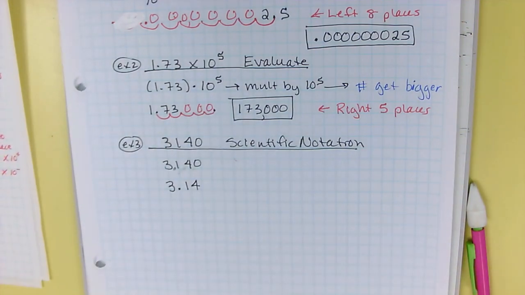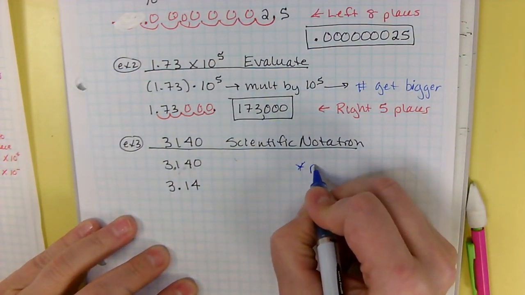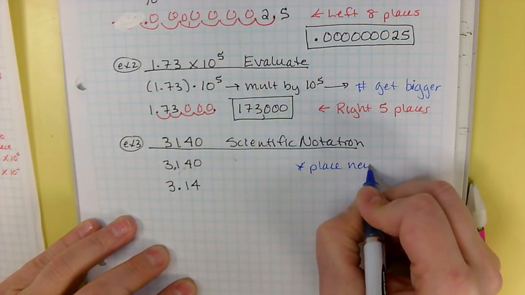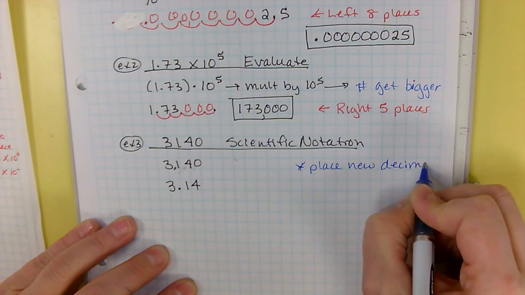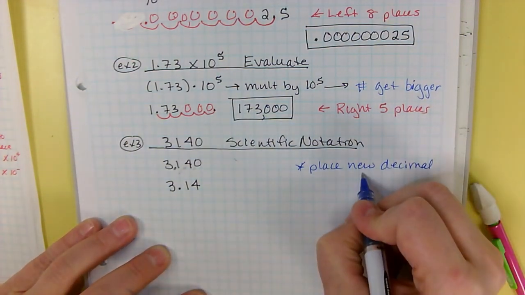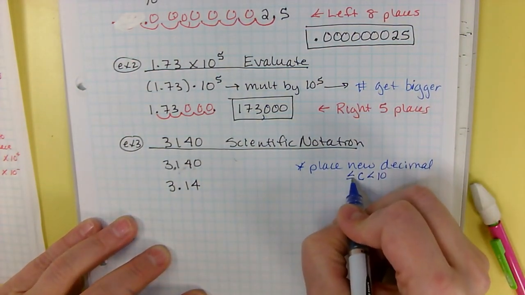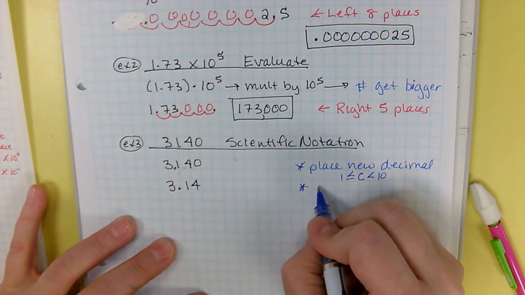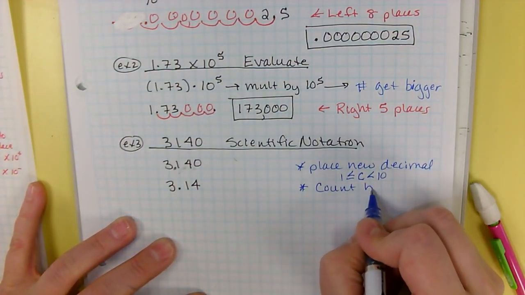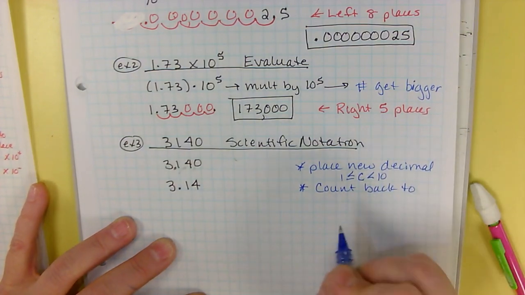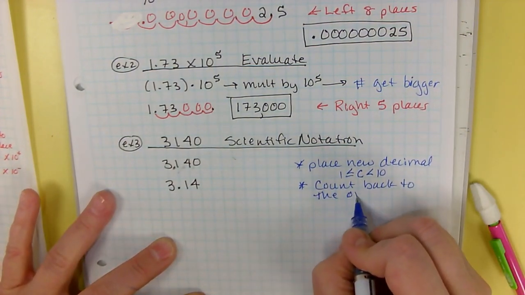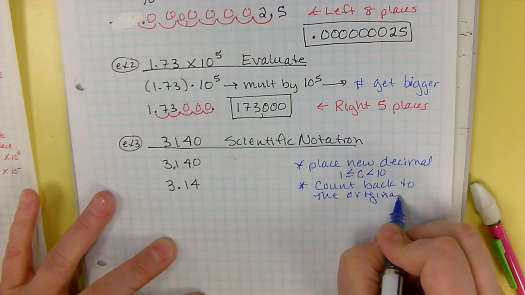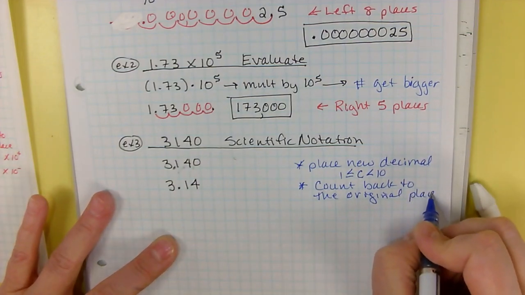Now, the way you have to think about this process is you're going to place the new decimal, which we just did, remembering that C is less than 10, greater than or equal to 1. And here's where you're going to figure it out. You're going to count back to the original place.